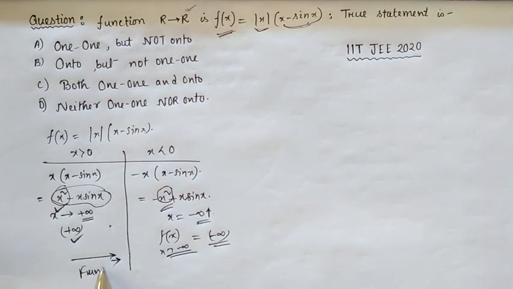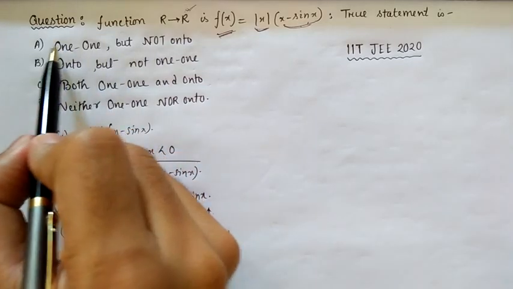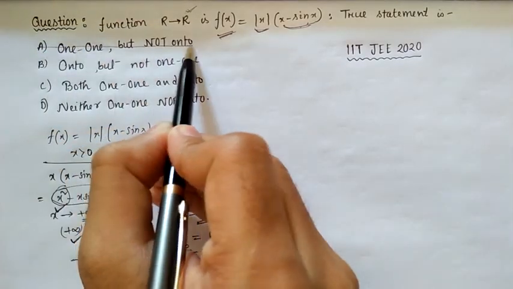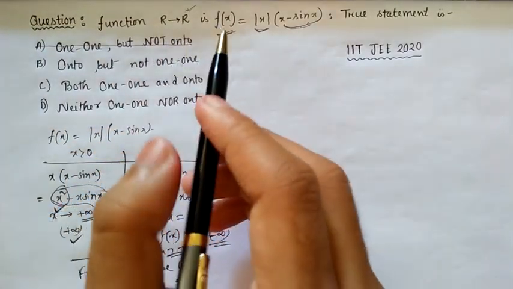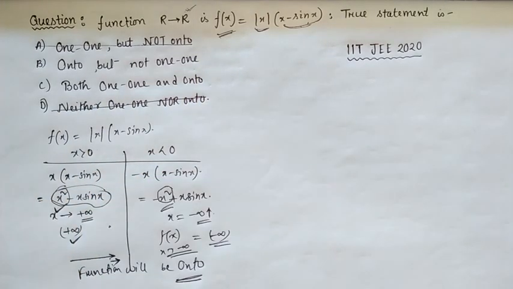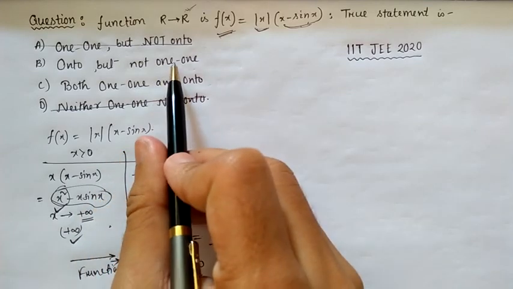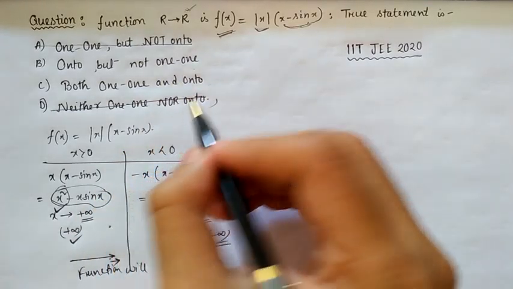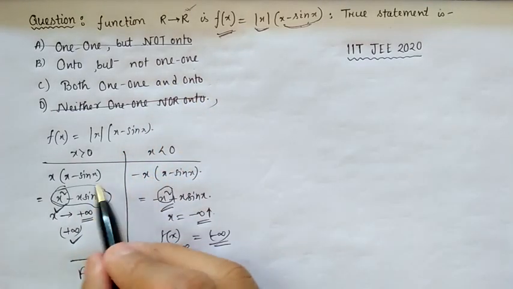The function will be onto. So neglect these options. Option A will be neglected, and this will be neglected. Now for our remaining two options, we have to check the one-one nature. So to check the one-one nature, let's differentiate it.